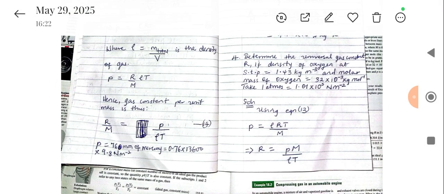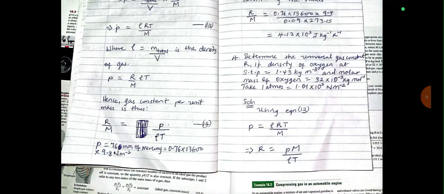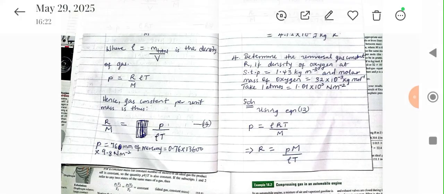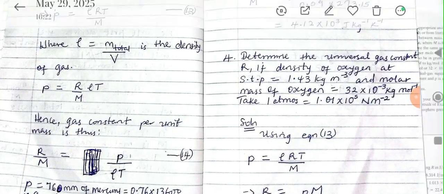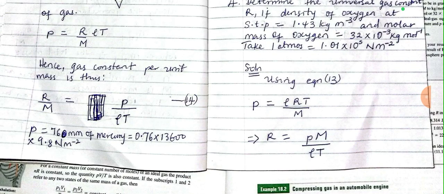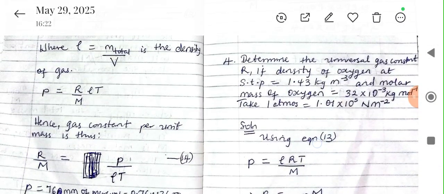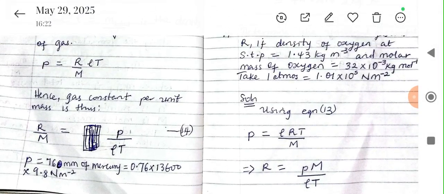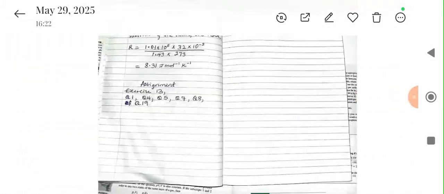So you now slot in the values. We are given pressure as 1 atmosphere. We are given molar mass as 32 times 10 to the power minus 3. We are given the density. And the temperature: we know the standard temperature, which is 273 Kelvin.